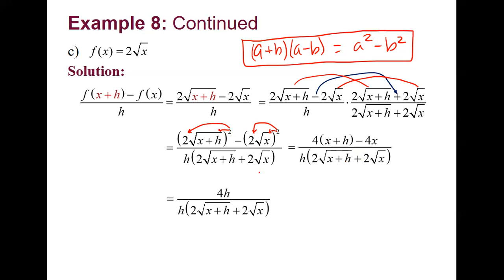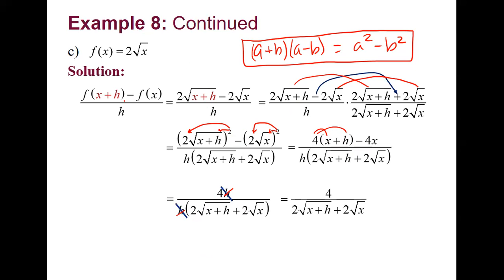And then once you combine like terms, all you're left with is 4h. Because you got to distribute. And then you'll have a positive 4x and a negative 4x, and they're going to cancel out. And you're left with 4h in the numerator. And then your h's are going to cancel out.